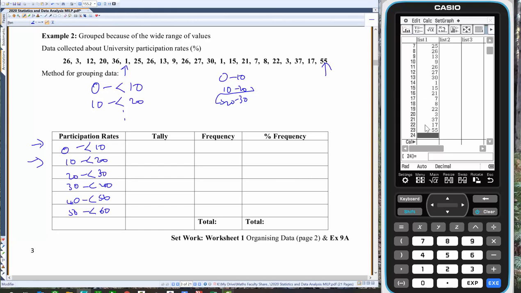Notice how the 23rd piece of data is 55. So this is the number of the column on your calculator.